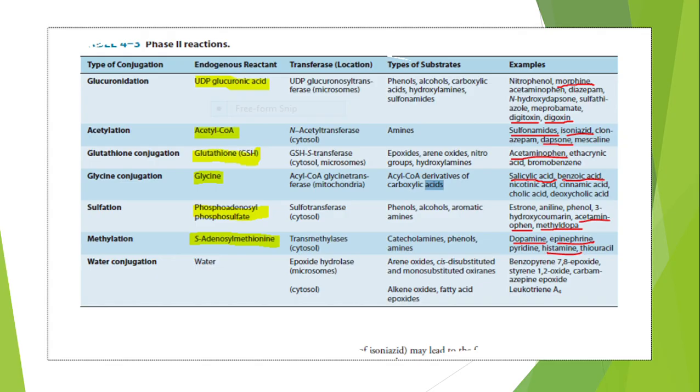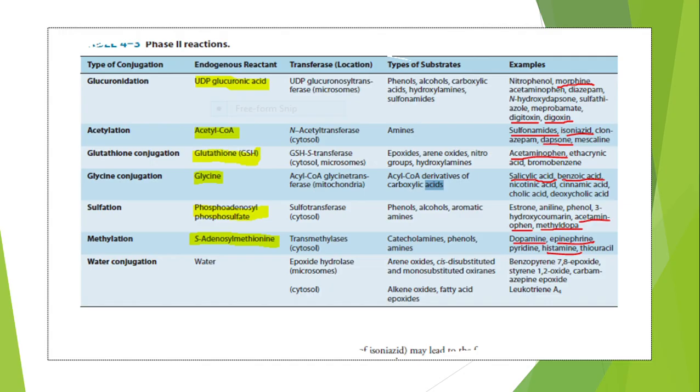Then sulfation: the endogenous reactant is phosphoadenosyl phosphosulfate, the transferase is sulfotransferase in cytosol. The substrates are phenols, alcohols, aromatic amines. Examples are estrone, aniline, phenol, 3-hydroxycoumarin, acetaminophen, methyldopa.